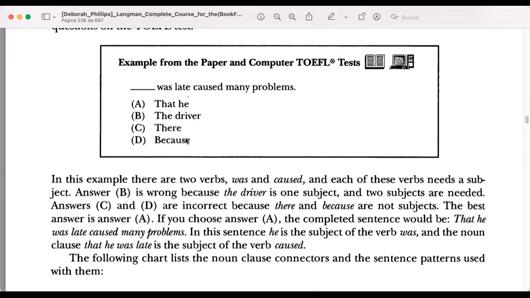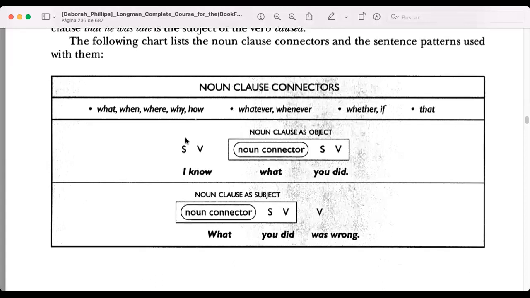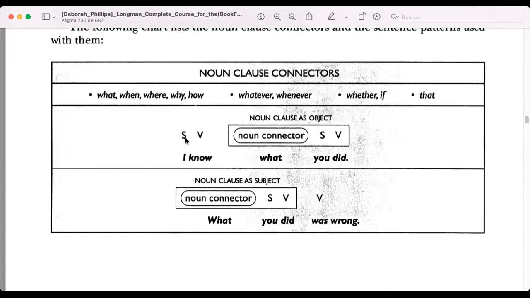Okay, so we have this chart to explain in a better way. What, when, where, why, how. Double H question. If you want to remember like this, that will be the connectors. Whatever, whenever, whether, if, that. All of them are noun clause connectors.